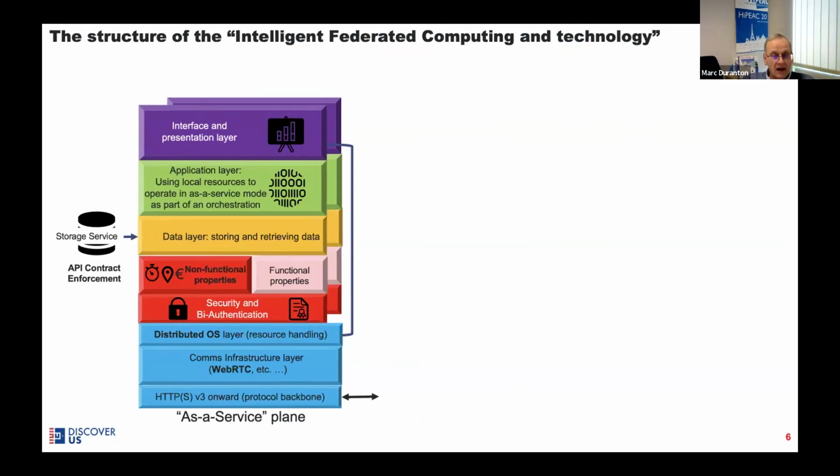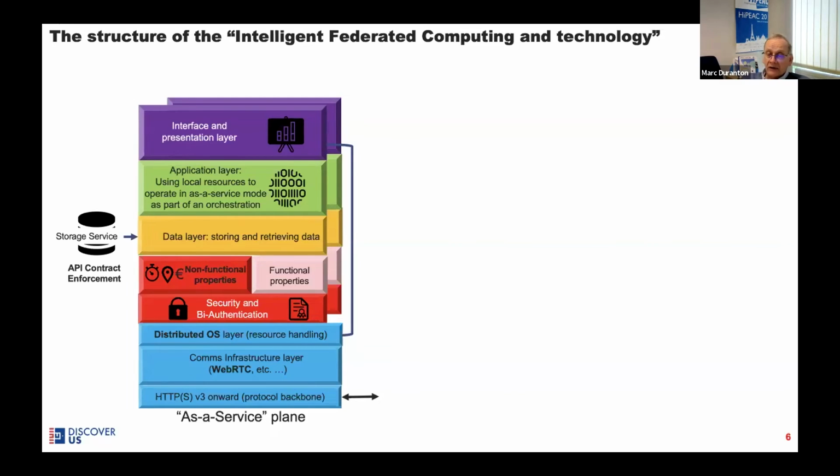This could be discussed and totally modified, but we think that, for example, we could have a service plane built on an existing infrastructure layer using HTTP, IP protocol, WebRTC for real-time things, using a distributed orchestration system with B authentication. So why is it B?